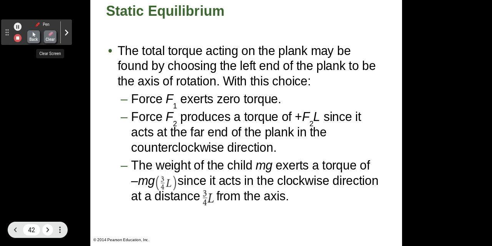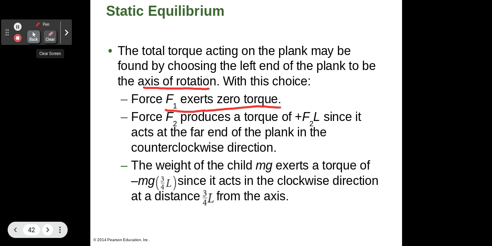You can pick either end you want. You want to pick an end that's going to make the math simplest, because remember, when you're at the axis of rotation, that means that force that's exerted there has zero torque. Okay, so the force exerted at the axis of rotation, it has zero torque. So you want to pick one of those forces to be your axis of rotation. Which one? It doesn't really matter.